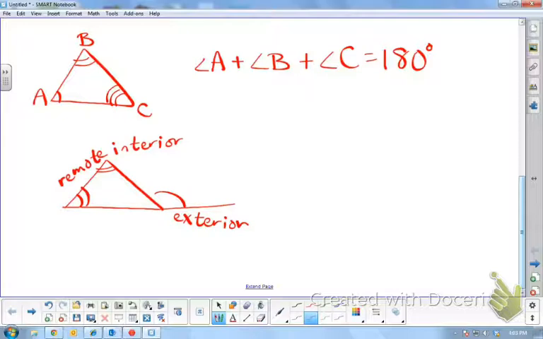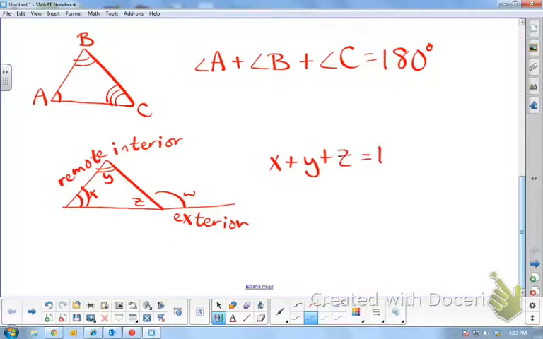So again, let's give these angles names so we can talk about them. This time I'm going to label them inside with XYZ. We'll call the exterior angle W. So we already know X plus Y plus Z is 180.